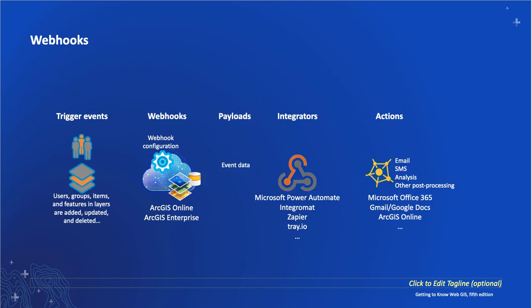So these are the key terms for webhooks. We have trigger events, and a trigger event is the event that triggers a webhook. For example, it states here, users, groups, items, and features in layers are added, updated, and deleted.